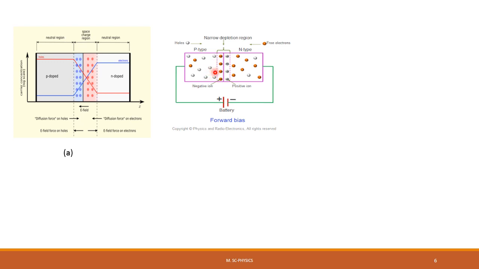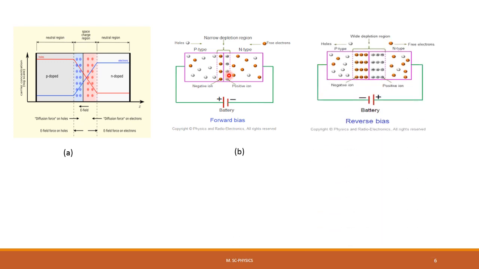Some electrons and holes are neutralized automatically, and at the same time the negative charge is connected to the n region. Therefore, electrons are injected into this n region. Here the positive charge holes are present. Therefore, these electrons and holes are neutralized. Therefore, gradually the depletion region is decreased due to the forward bias.